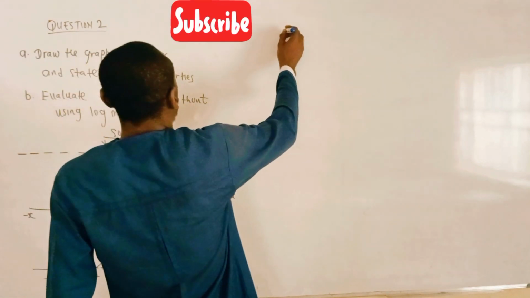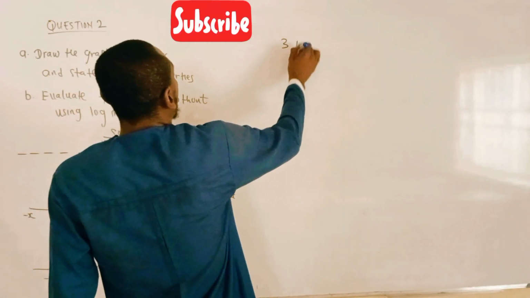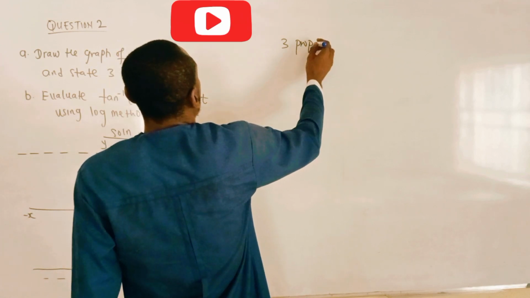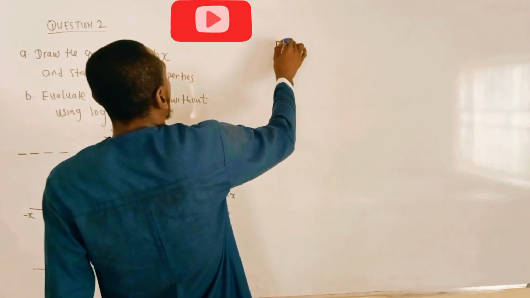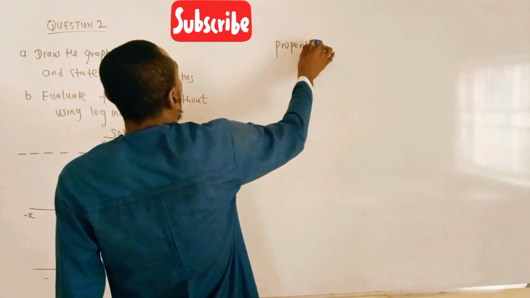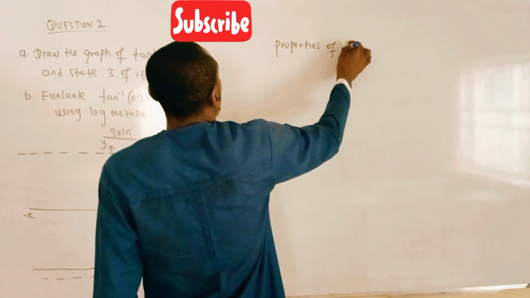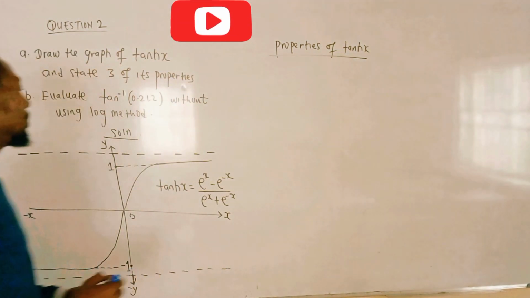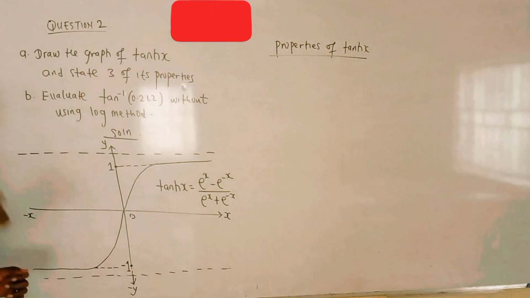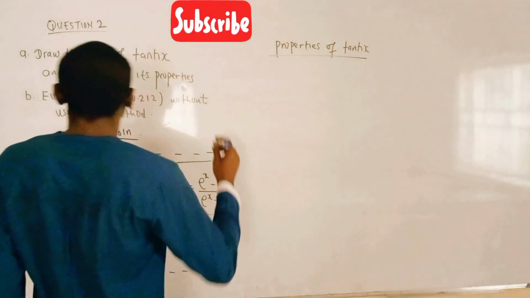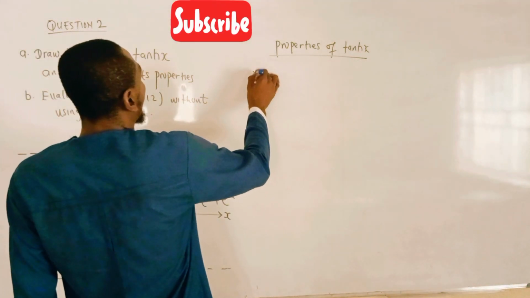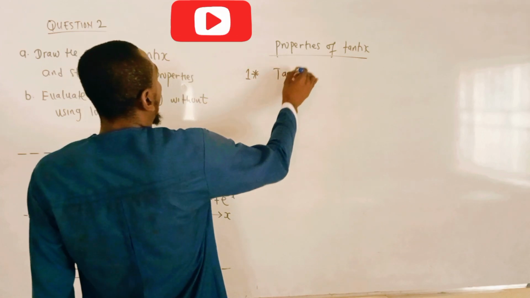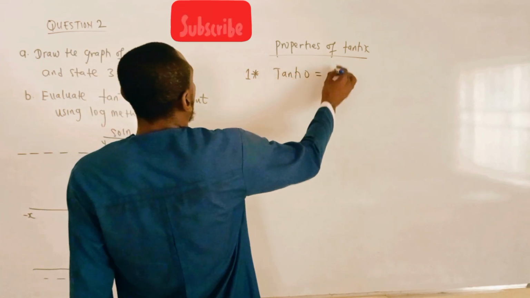Say at least 3 characteristics, 3 properties. The properties of tanh of x. Number 1 says that tanh of 0 is equal to 0.